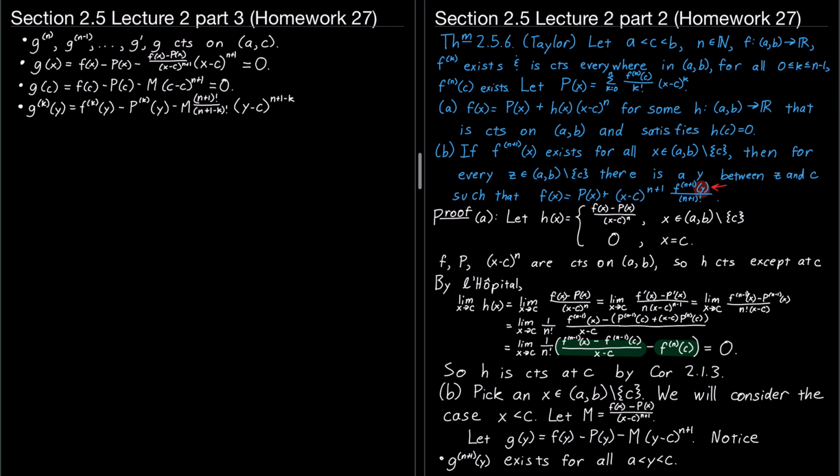So in particular, if k is less than or equal to n, then g to the k of c is indeed equal to 0.